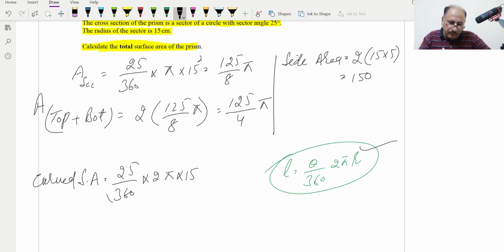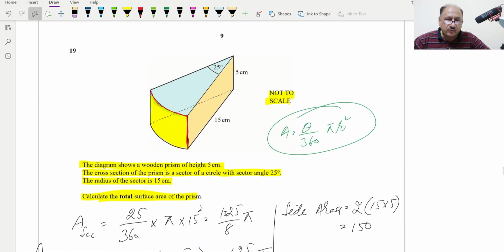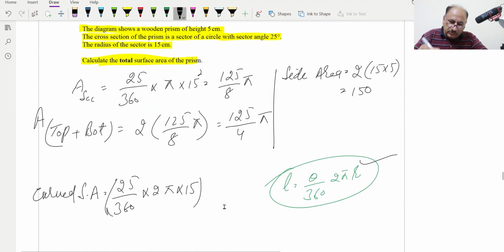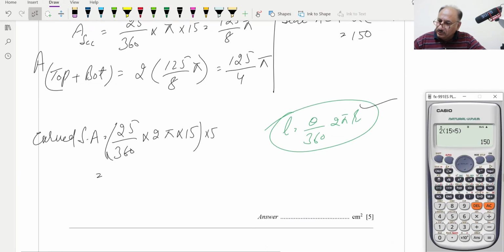We will be multiplying this with the height, because we have taken this length, and we have to multiply it with the height, and height is 5, so we will multiply this by 5 and we will get the curved surface area. So curved surface area we can calculate.